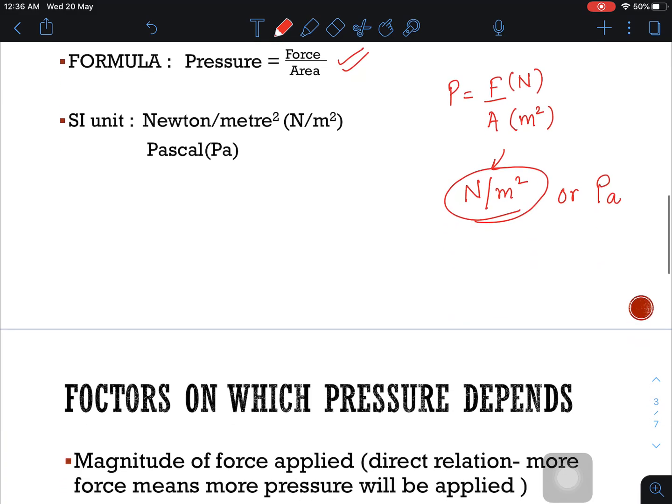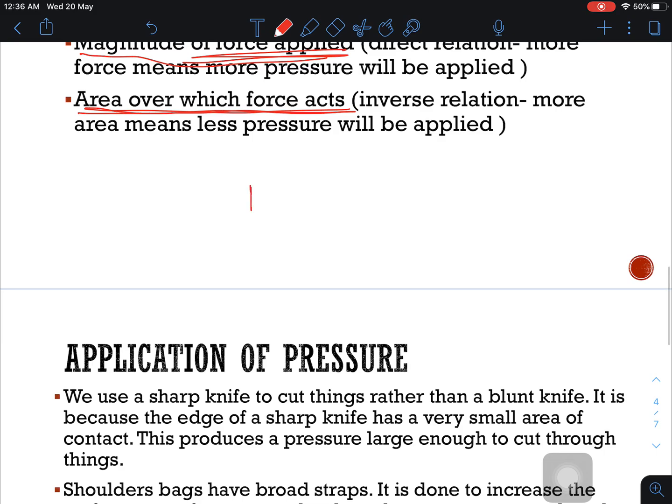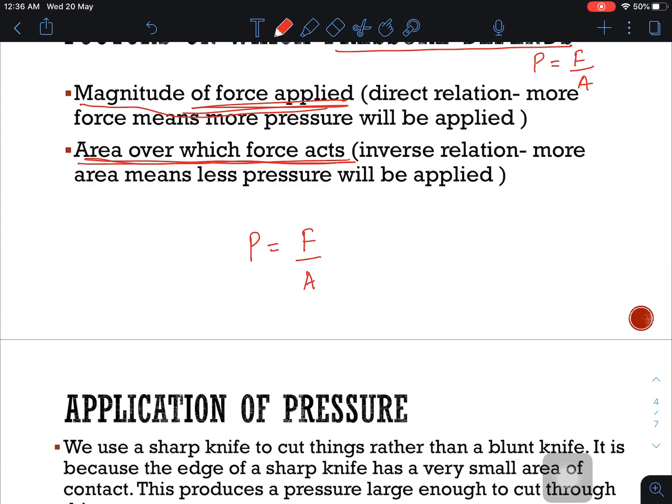Pascal was the scientist who worked on the concept of pressure. Let us talk about the factors on which pressure depends. Obviously, the formula is pressure equal to force upon area. So these are the two things: the magnitude of force and the area over which the force acts. Now, in this formula, pressure and force are on the same side, so they vary directly.